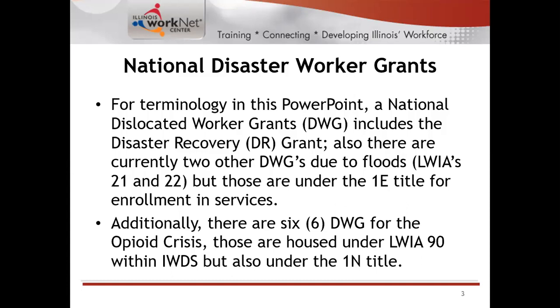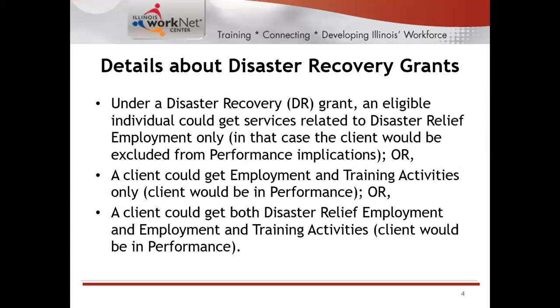And we'll cover some of the things when you start to enroll people in services where that comes into play, that some of the career planners need to look for some of these little details. Also in IWDS, currently there are 6 different national dislocated worker grants for the opioid crisis, but those are housed under LWIA 90, so those would not show up in your regular traditional local workforce area.